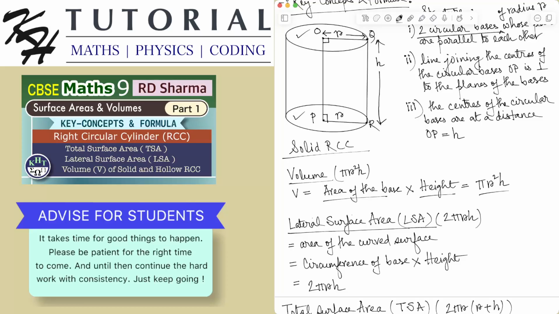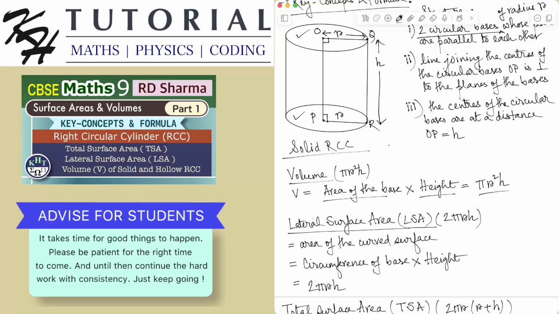The idea is, if you try to visualize, the circumference of the two circular bases is 2 pi r, and the height of the RCC is h.